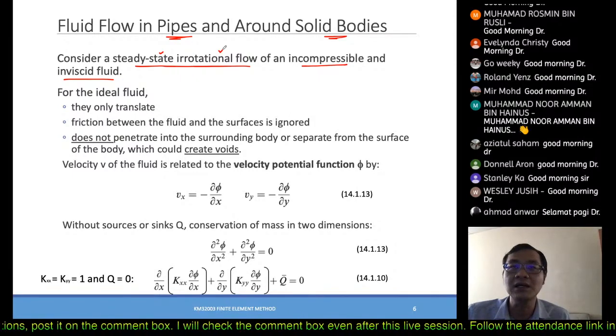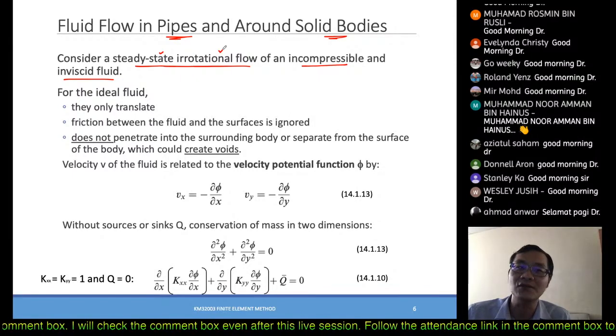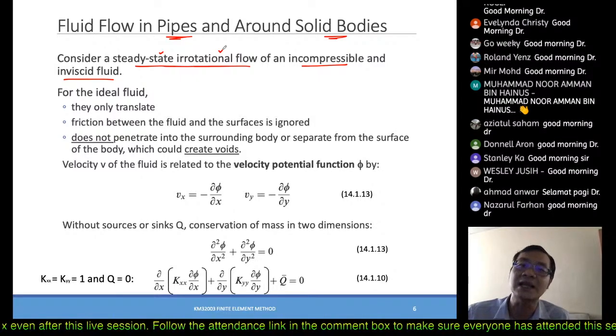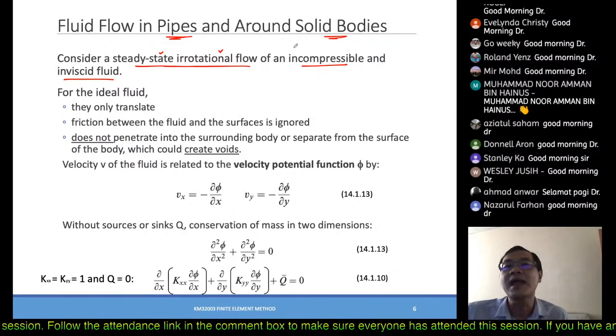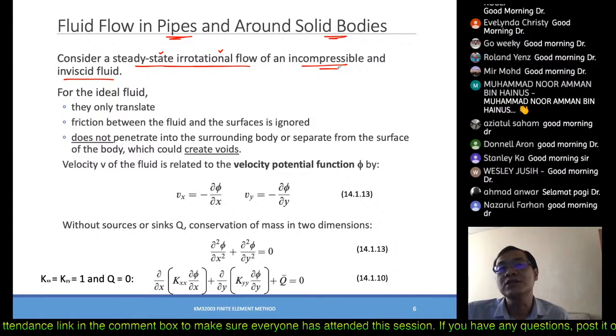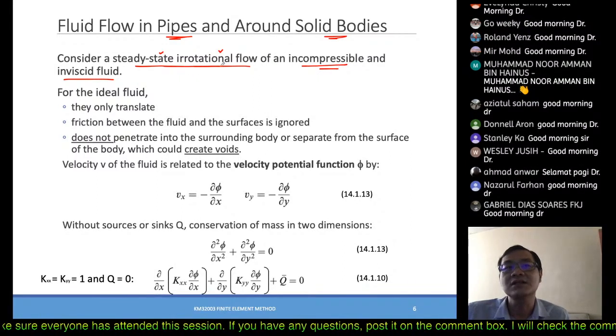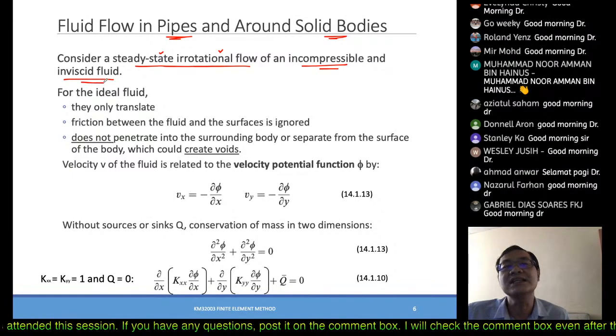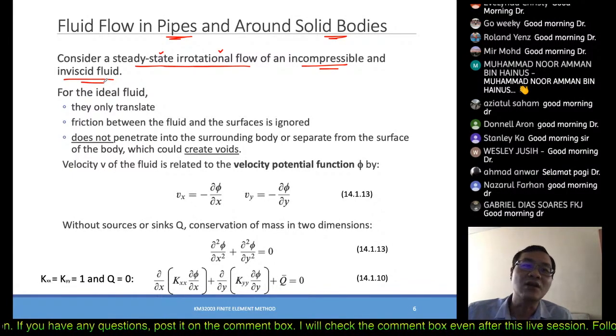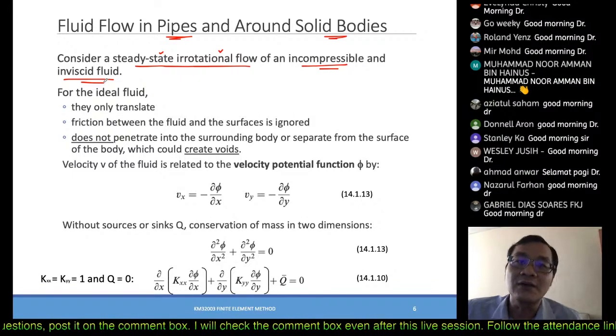So any particles of fluid going into the system will just translate, they do not rotate. And we assume also it is incompressible for these derivations, and the viscosity is very low, inviscid fluid.